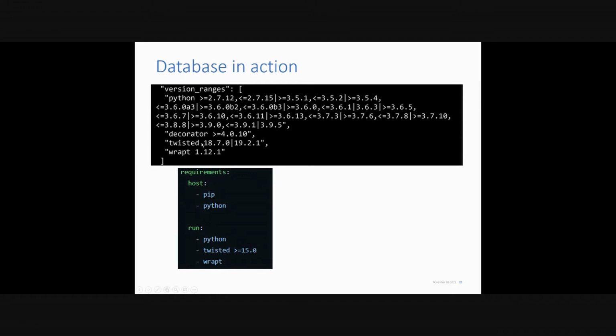But you can see that we've done a really nice job. This is what conda-forge thinks the requirements are in terms of reproducing some of the dependencies here. So for instance, okay, we agree that it needs a Python version. We agree that it needs a twisted version and a wrap version. And the twisted version that we've produced via inspection is actually compliant with what conda-forge requires in terms of version constraints on twisted.